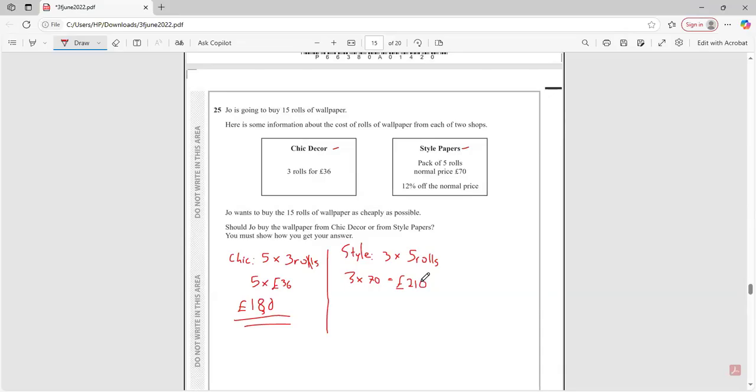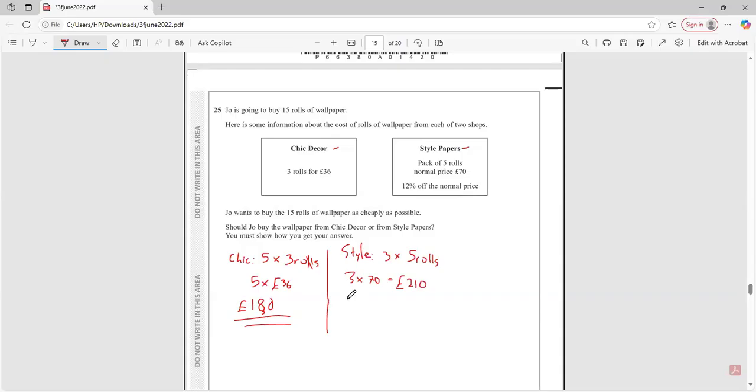So 12% off. If we do that, the same thing that we did for decrease back there, that's going to be 100 minus 12, isn't it? Yes. So 100 minus 12 is 88.